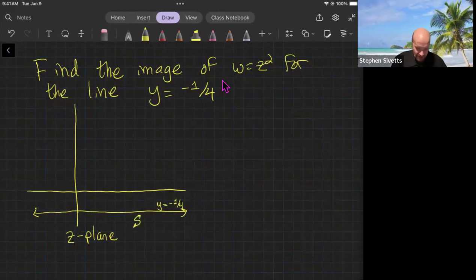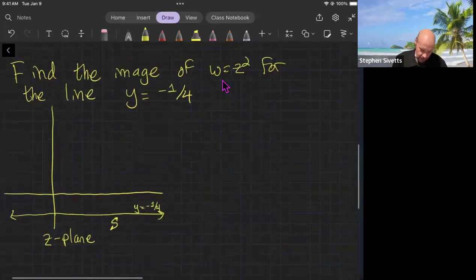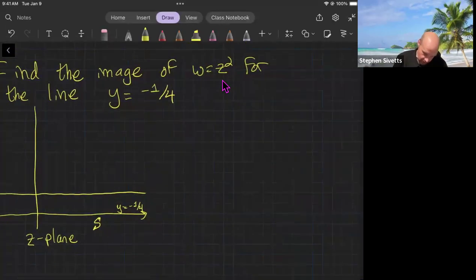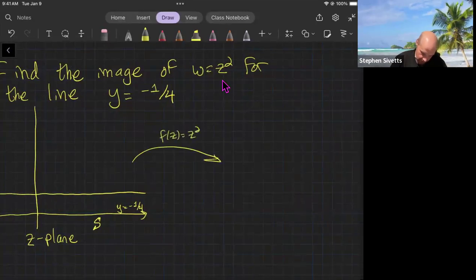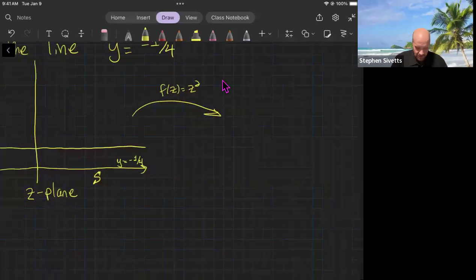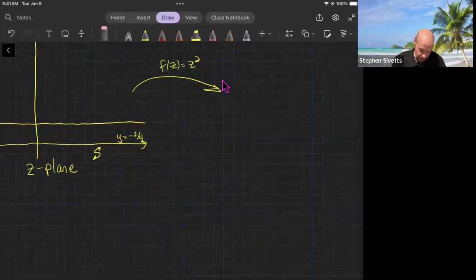What we want to do is see what this set will look like under the function f of z equals z squared. Now this one's a little bit different because all we're dealing with are points such that the y coordinate is fixed and x is varied. So we want to look at the real and imaginary components of the complex function f of z equals z squared.